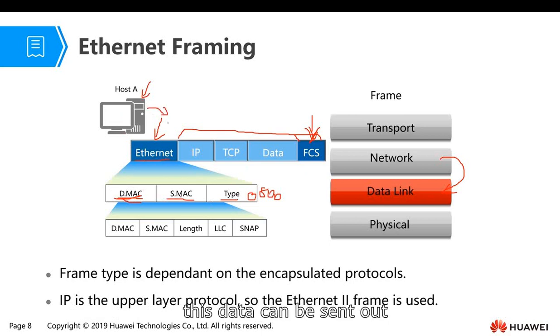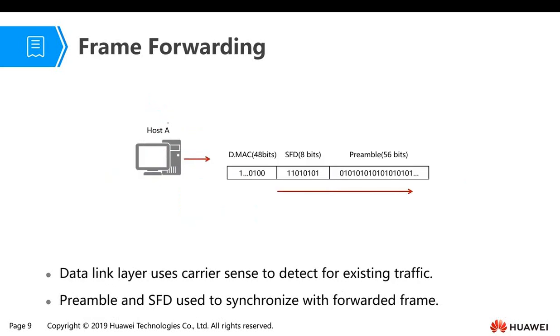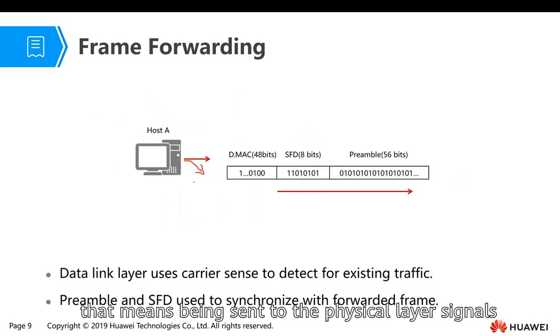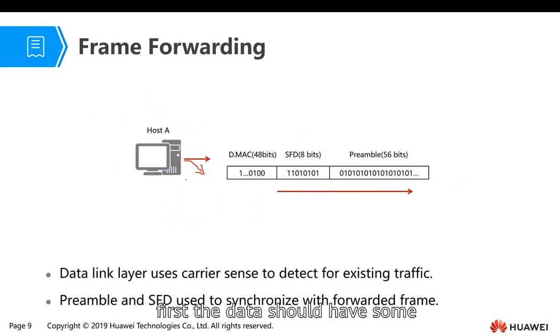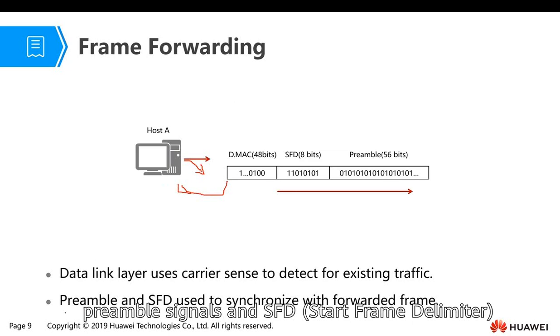When the data is sent out, that means sending physical layer signals. So first, the data should have some fixed format. That's the preamble signals and the start of frame delimiter.